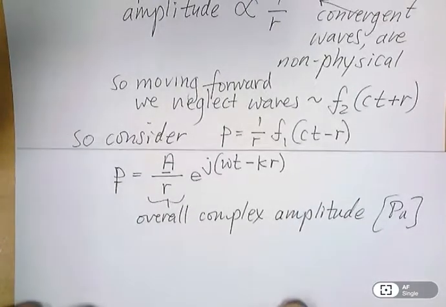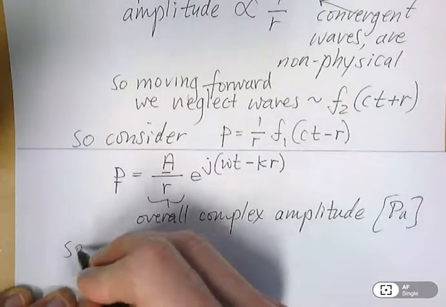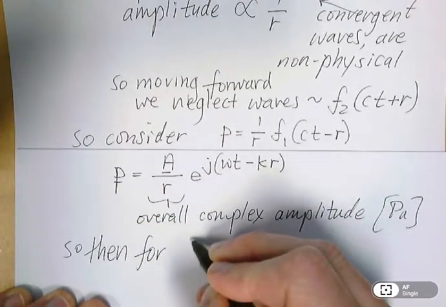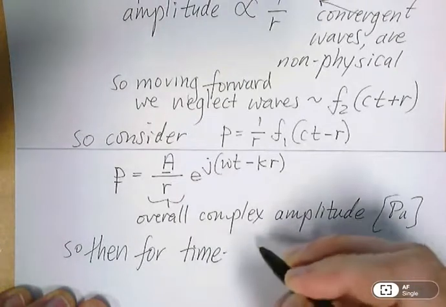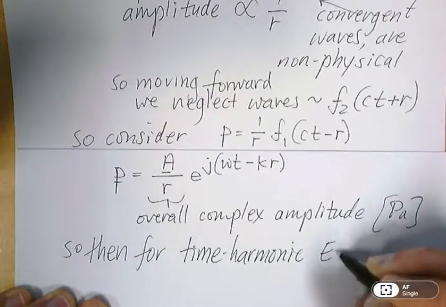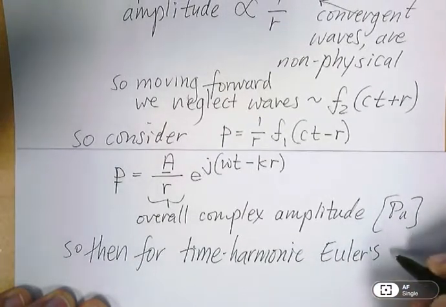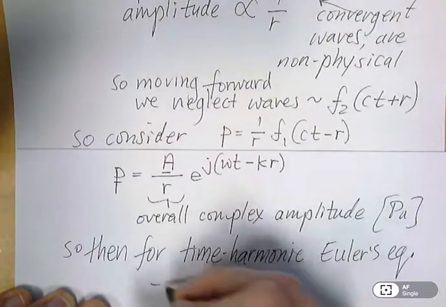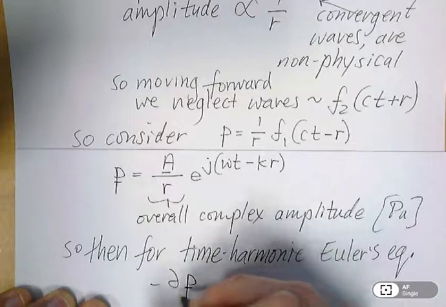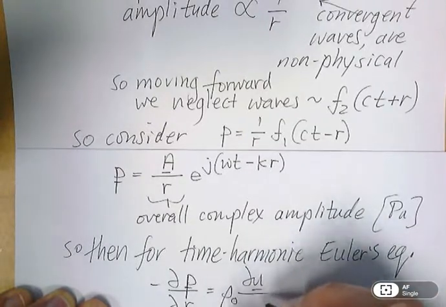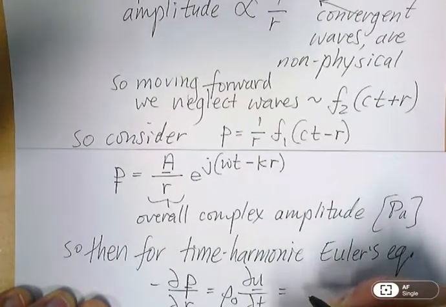So then for the time harmonic Euler's equation, we have that minus del P del r is equal to rho naught del complex U del t, is equal to j k rho naught c.